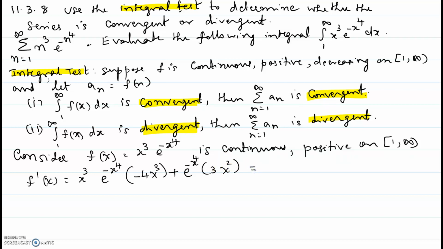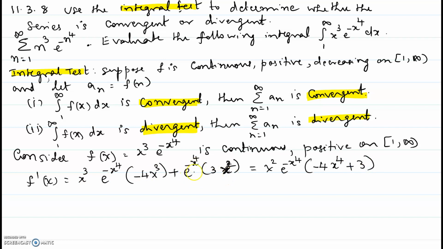In these two terms, we can take the common factor out, which is x squared times e to the negative x to the power of 4, which is common in both. Then we'll be left with negative 4x to the power 4 plus 3.